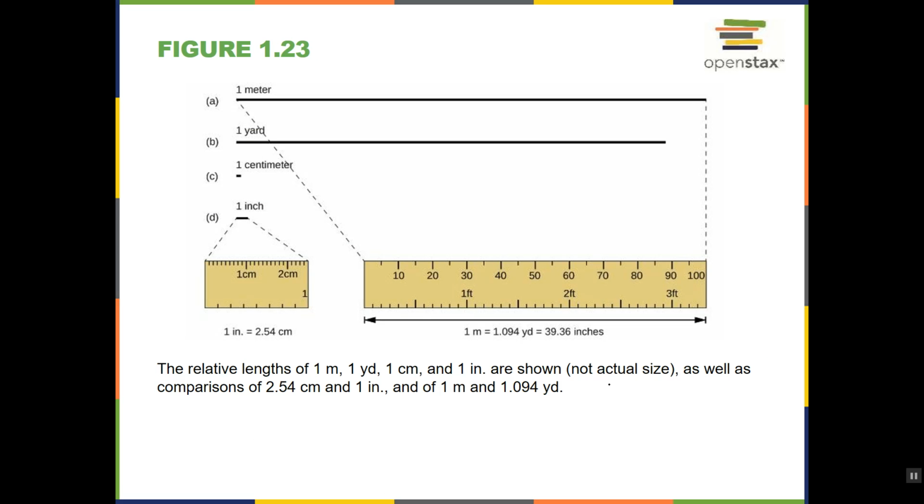Now here you see a measuring stick, and you can see you've got meters and yards and centimeters and inches, and what you've got here really is a combination of a couple different units, right? You've got the American system, we call it, the United States Customary System, USCS, and that's where we get things like inches and yards and acres and gallons and all the different terminology we use in the United States.